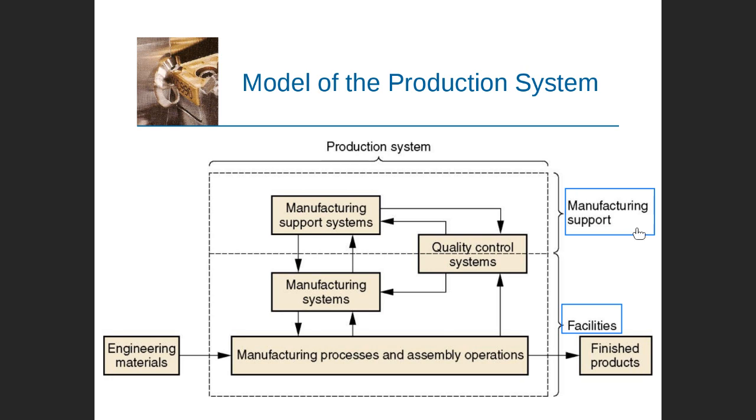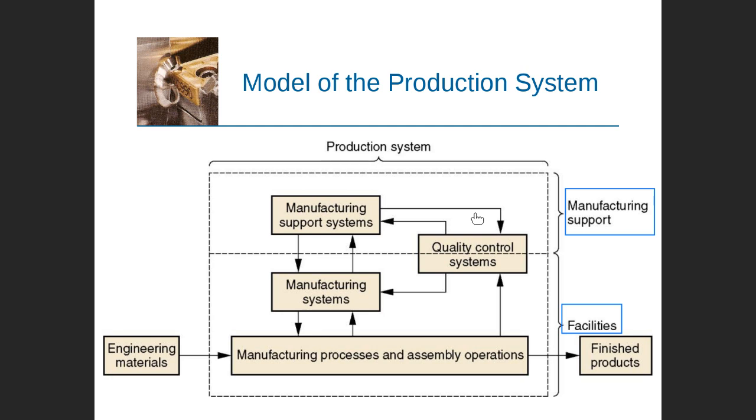Second one, support. What does support mean? If the first one is directly contributing to the manufacturing, then support is indirectly related to manufacturing, not touching the manufacturing, not directly related, but indirectly related. Like what? Like design.